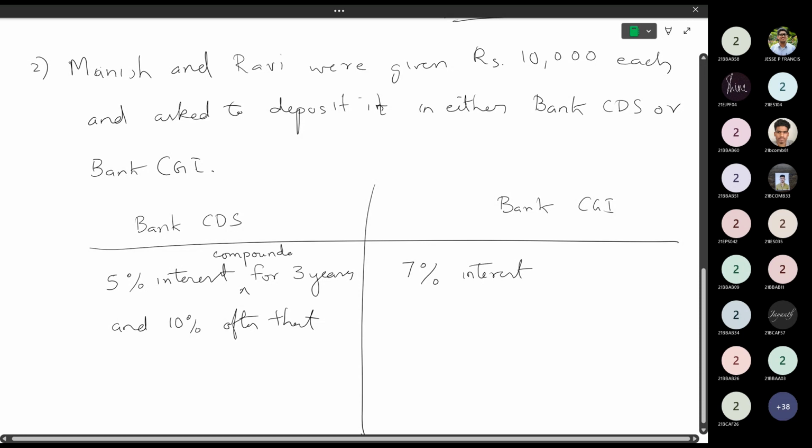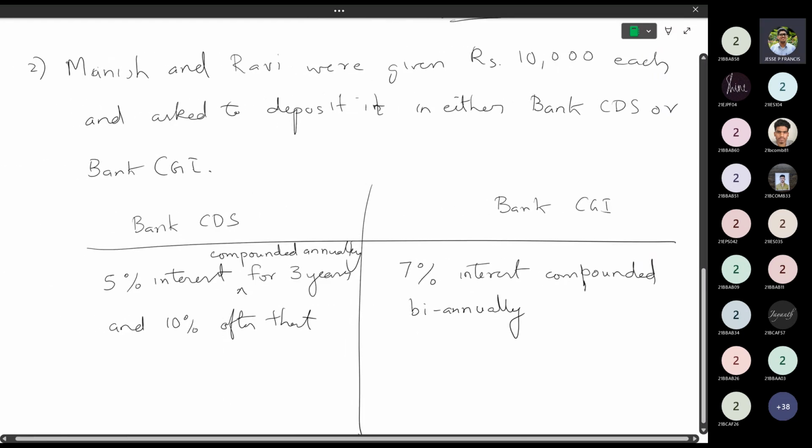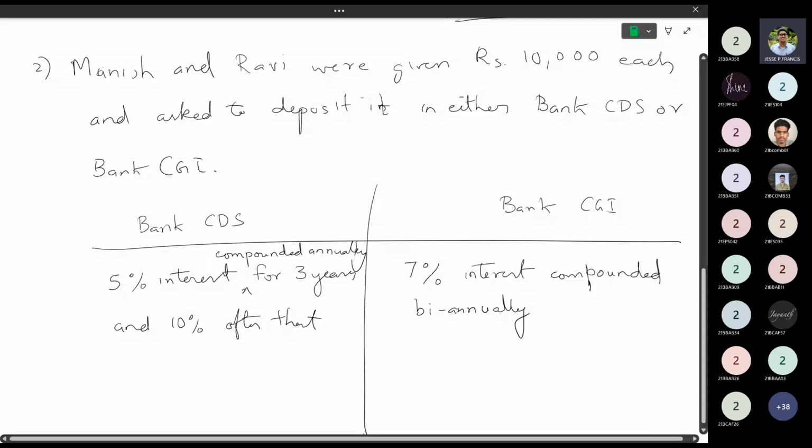Okay, 7% interest compounded biannually. So one bank offers 5% interest for 3 years and 10% after that. Now, for a tenure of 5 years.